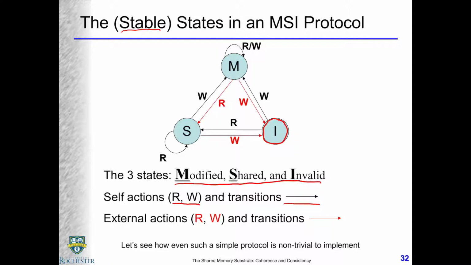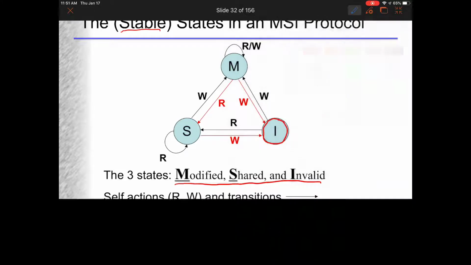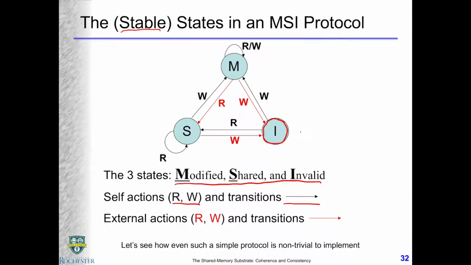Well, I'll go to the memory subsystem, bring in the line, and then I have the line in shared state, and that's what's shown here. So if you issue a read, the next state, after some action, of course, which is not shown here, would be shared. And if you're in shared state, a subsequent read would stay in that state.